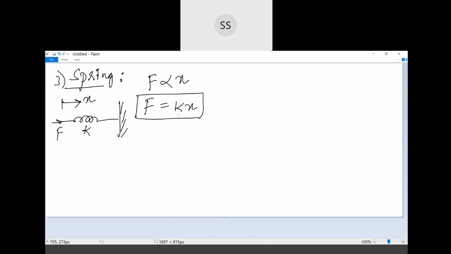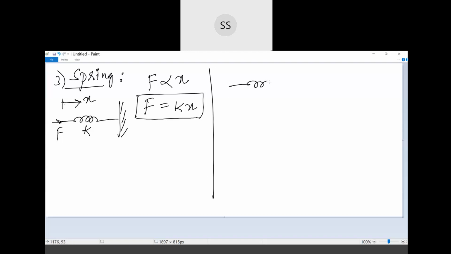Now this is the relation between force F and X when only one end of the spring is experiencing the force. But if the two ends of a spring are experiencing two different displacements, then we need to write another force balance equation.